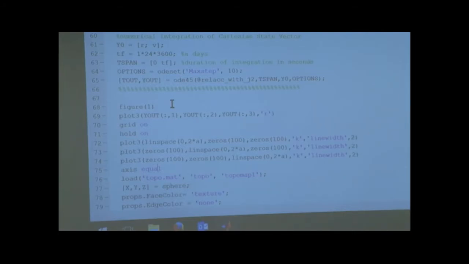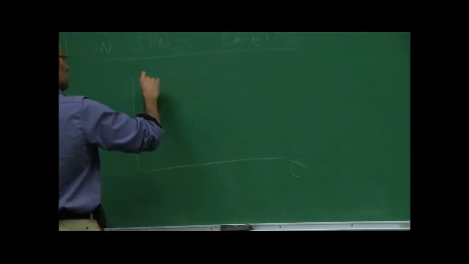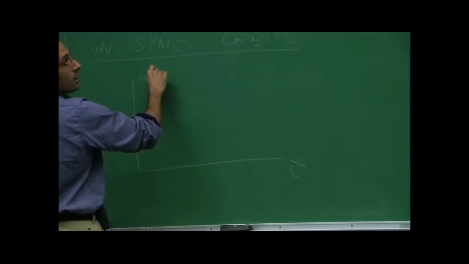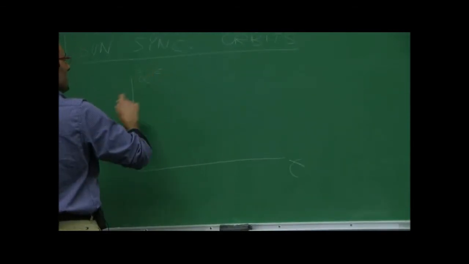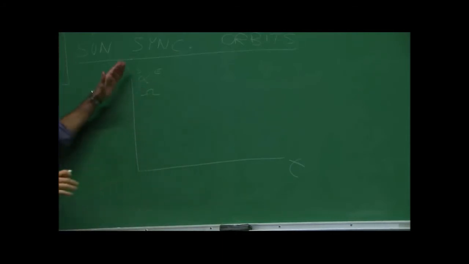So say that this is time, and here I plot that angle, alpha of the Earth with respect to the Sun, and also the RAAN. Regardless of the initial conditions here, what do you expect these two plots will look like?